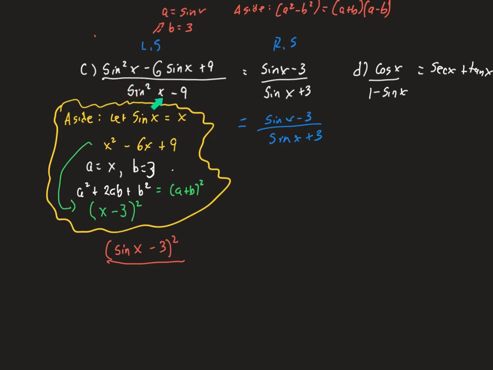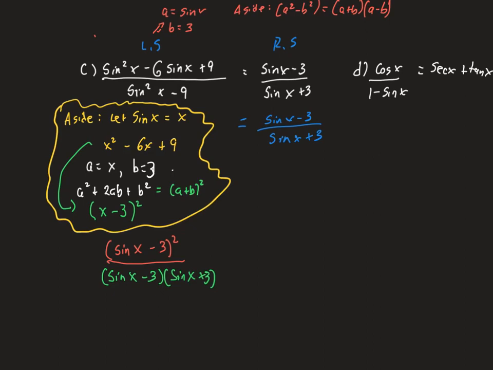I have sine squared x. That's a perfect square. 9, that's a perfect square. That's 3 times 3, and a minus in the middle. So it follows this form. So I can turn my bottom into sine x minus 3 times sine x plus 3.